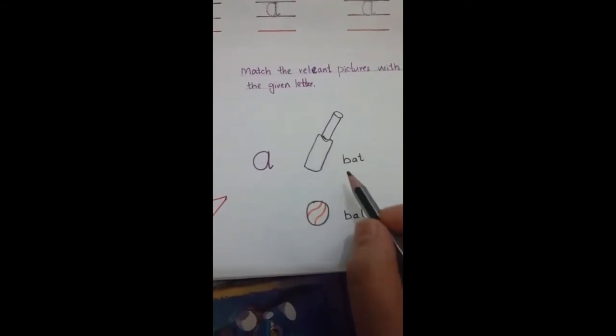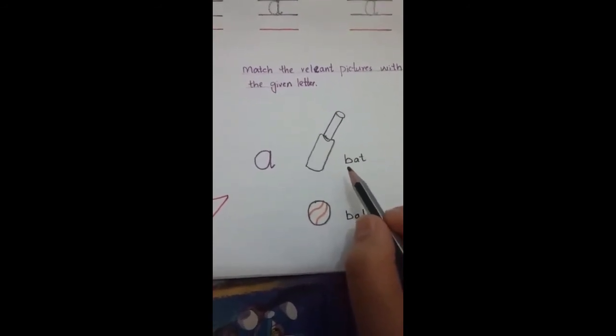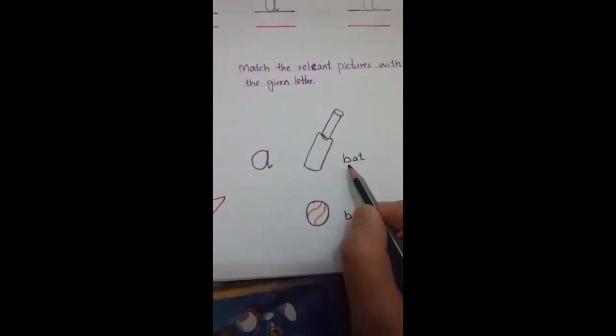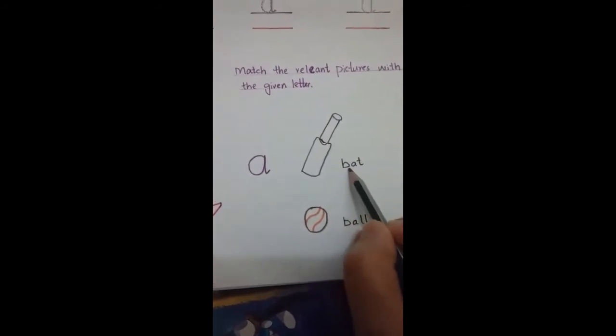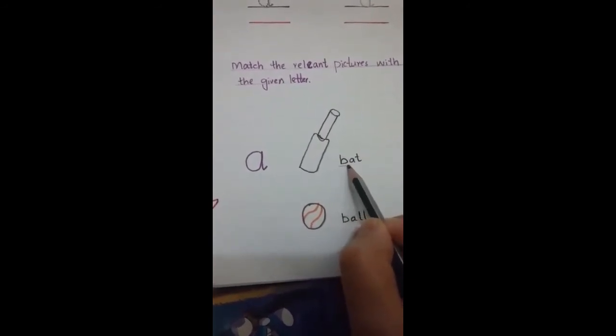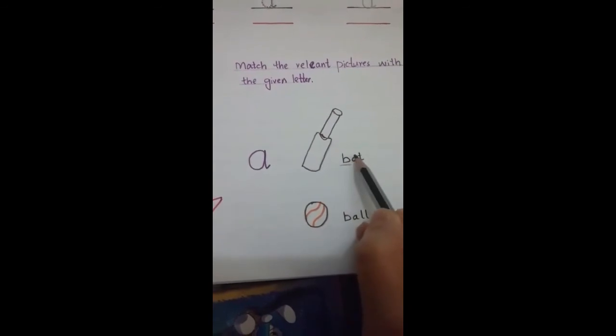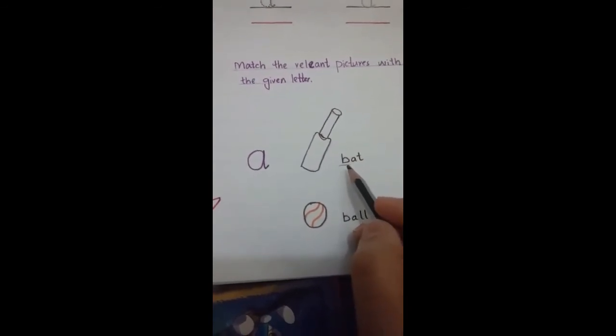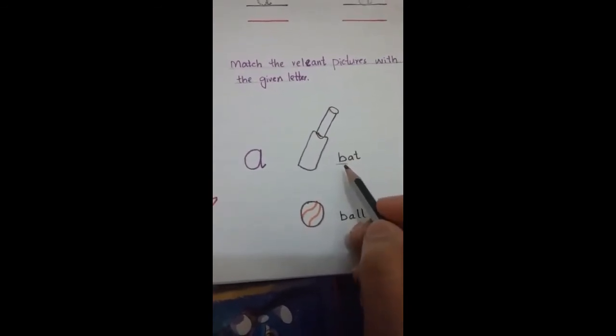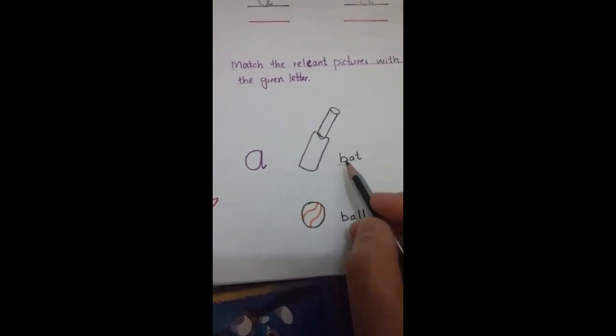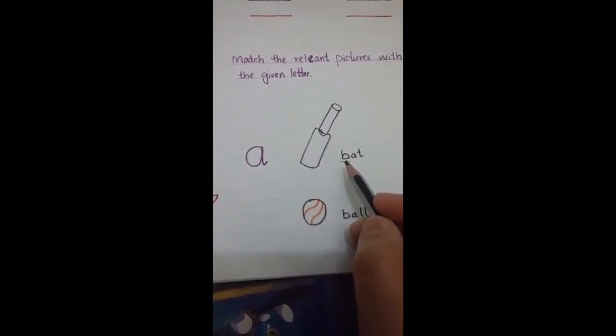Now the first letter in bat. Is it small a? No, this is not small a. This is small b.